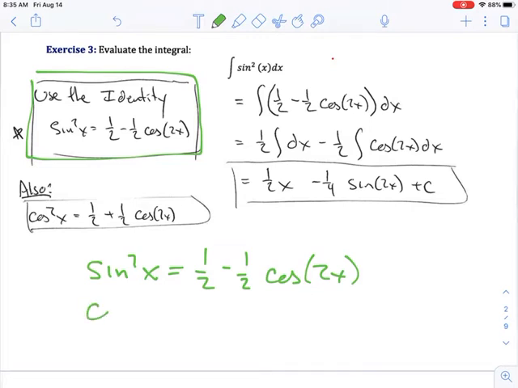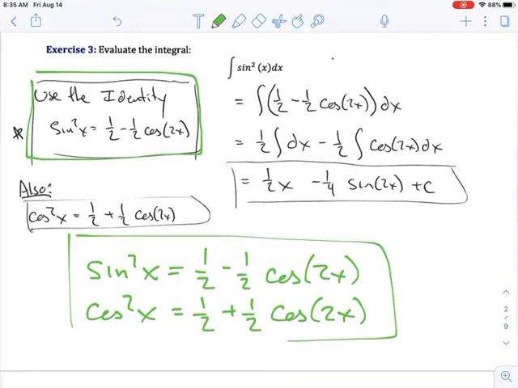And then you have the cosine squared x is equal to 1/2 plus 1/2 cosine 2x. The only difference between these is the plus or minus sign. And so these are some more identities that you probably want to get to be familiar with. So whenever you have an even power of sine or cosine, this is what you're going to have to do.